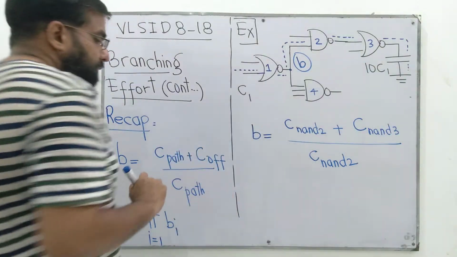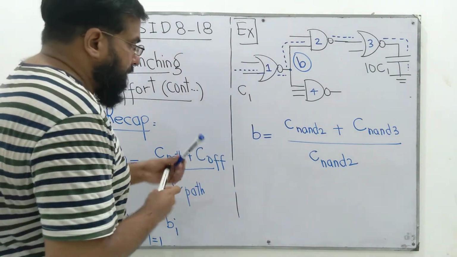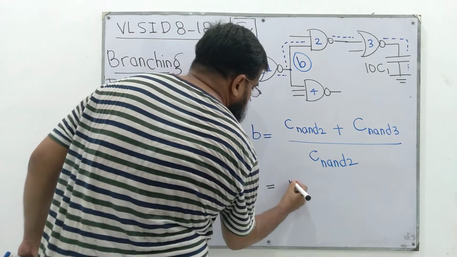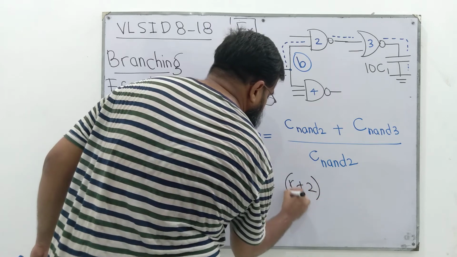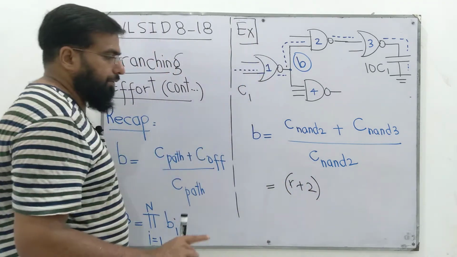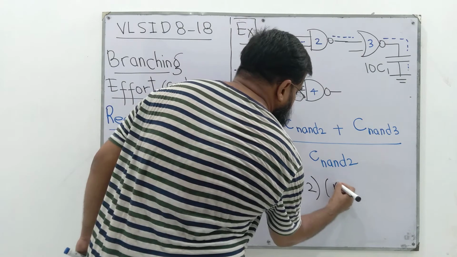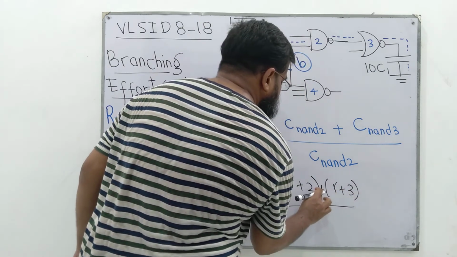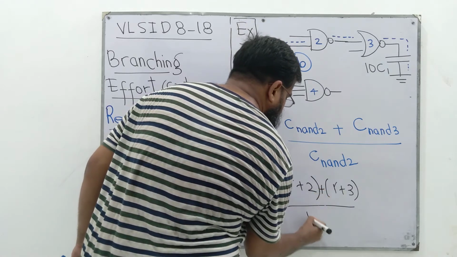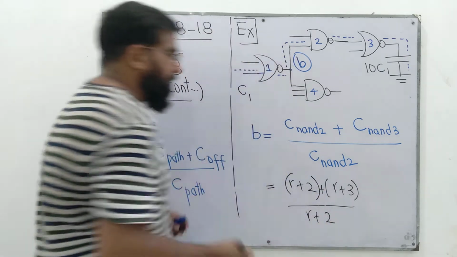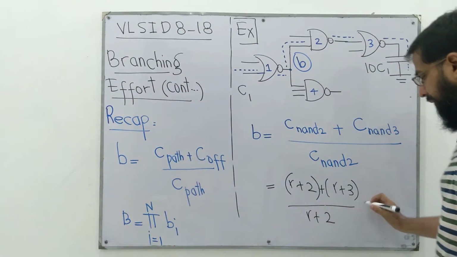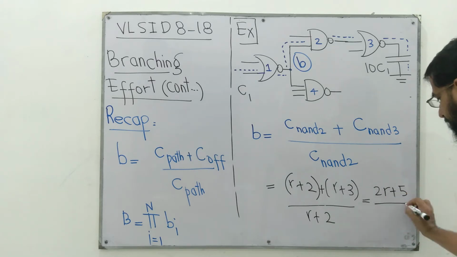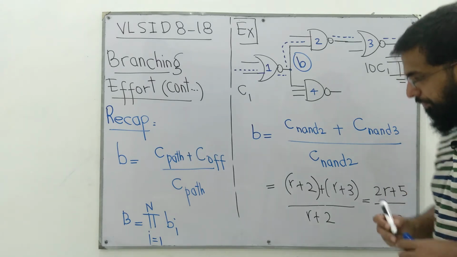We know that C of NAND 2 is R plus 2, which we computed in our earlier lectures, and C of NAND 3 is R plus 3, divided by R plus 2. So this can also be written as 2R plus 5 over R plus 2.